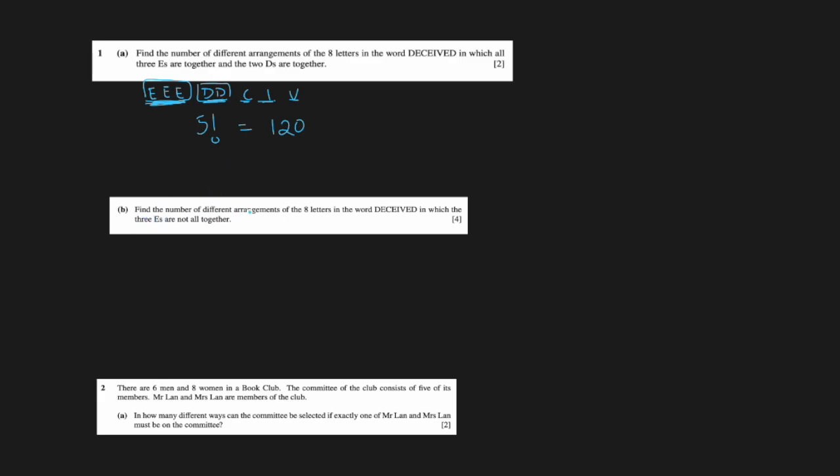Find the number of different arrangements of the 8 letters in the word DECEIVED in which the 3 E's are not all together. This word "all" is very important. That means 2 E's can be together, but not all 3 E's, right? So let's take the situation when all E's are together.